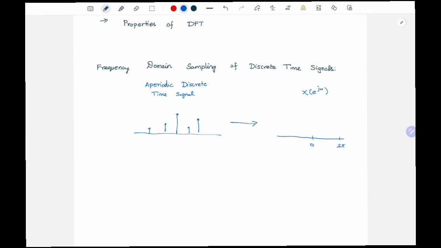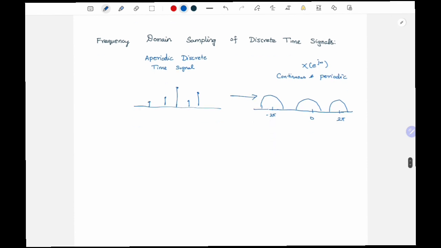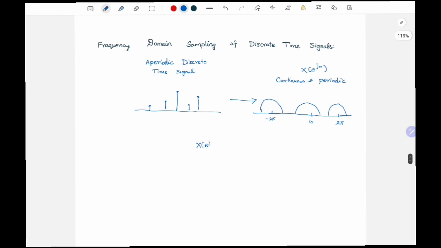So 0, 2 pi, something like this, right? It is continuous and periodic. And how are they related? My X of e power j omega is equal to summation n equal to minus infinity to infinity x of n, let's say this is x of n, e power minus j omega n.